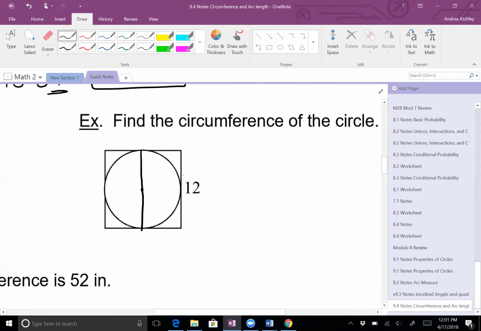Because I just basically am moving it over, right? The distance here is the same as the distance here. So this has to be 12 as well. So your circumference is diameter times pi. So your circumference is 12 pi. We plug that into our calculator to see what that comes out to.